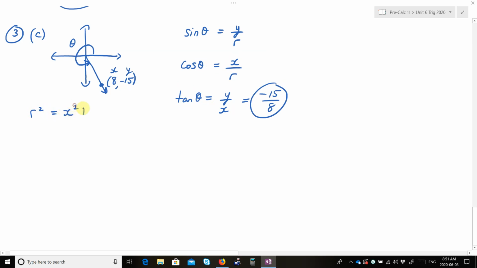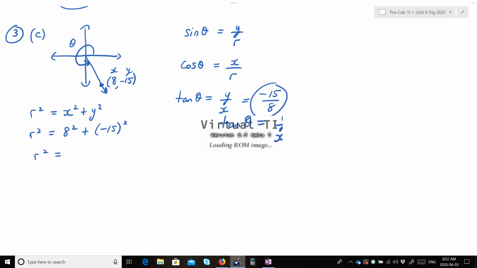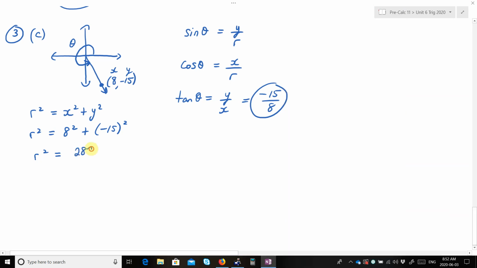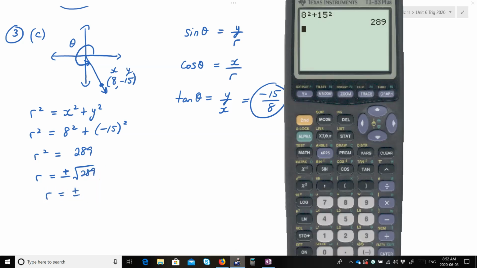R squared is equal to x squared plus y squared. So 8 squared plus -15 squared. Let's quickly figure that out. We're going to get 289 for this. So r is equal to plus or minus the square root of 289, which I think is 17.